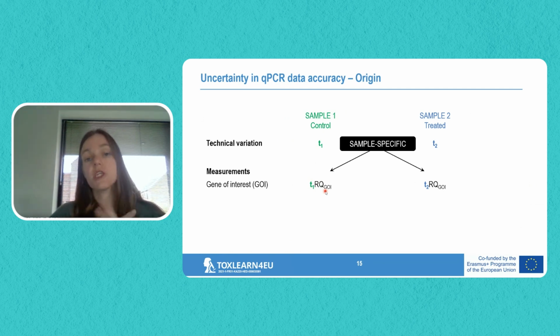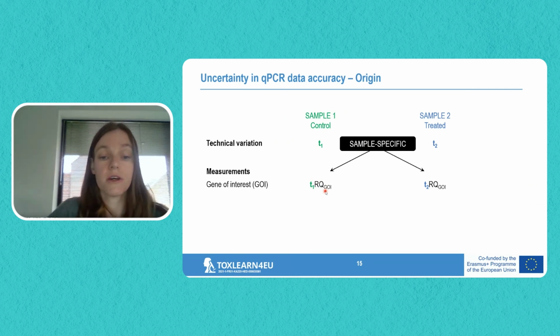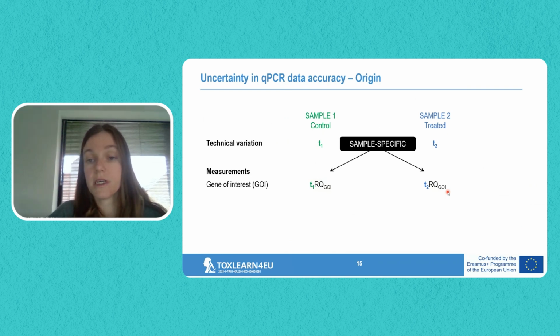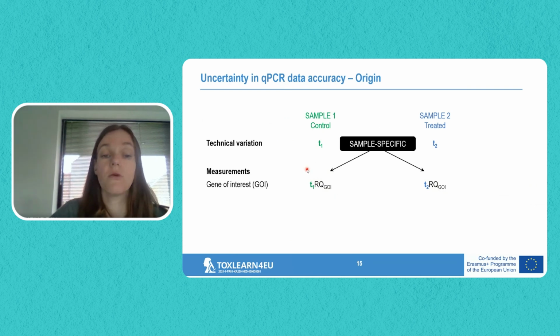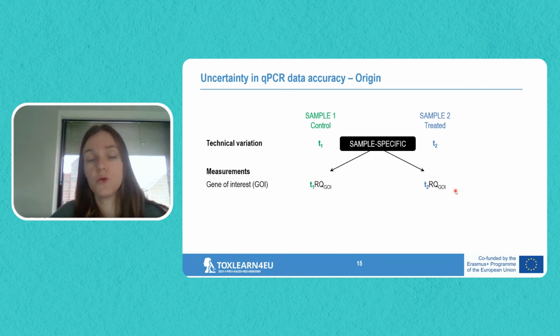But the calculation is based on the CQ values that you obtained during the qPCR reaction. So here you can see the RQ value for the gene of interest in sample 1 and the RQ value for the gene of interest in sample 2. And of course, these are both subjected to their own technical variation. So T1 for sample 1, T2 for sample 2.